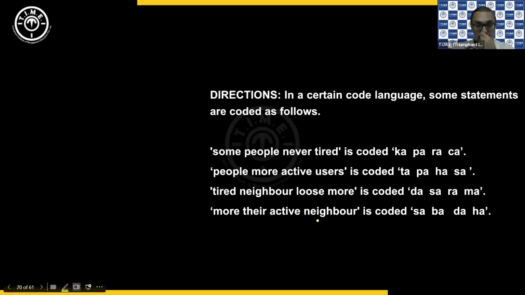Then we have the next set. In a certain code language, some statements are coded as follows. So here, as you can see, some statements and codes are given. So we need to make a list of words because as you can see, the words are repeated here. So we make a list of words and we try to take the codes and then we look into the questions. Correct? So we have some people never tired.